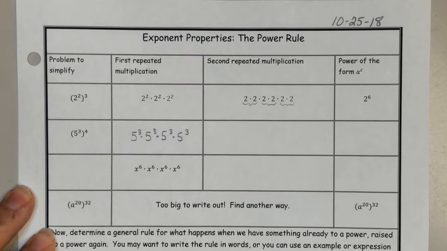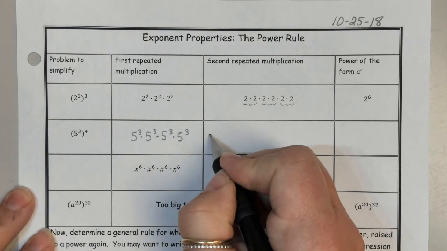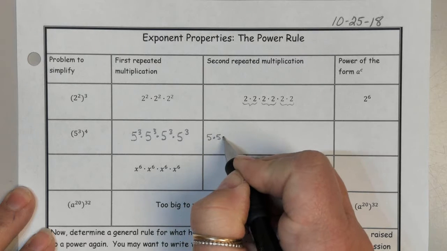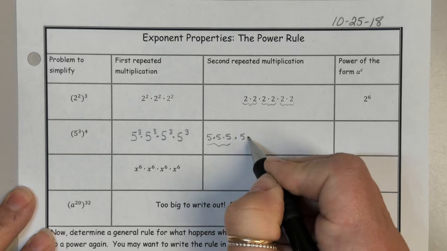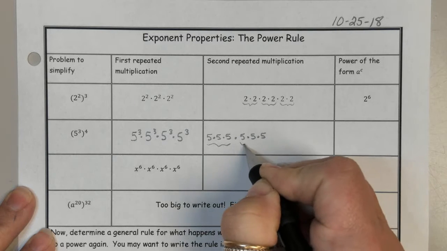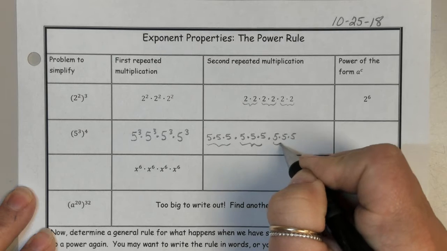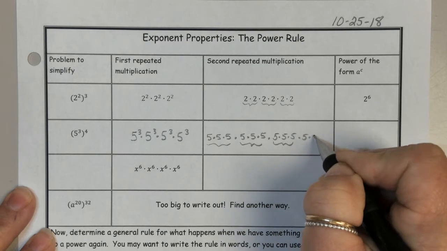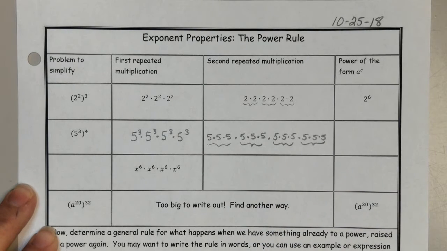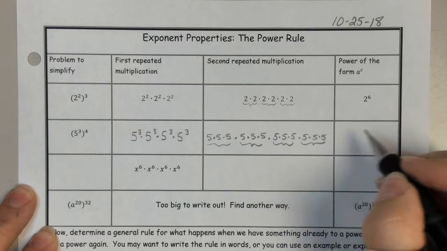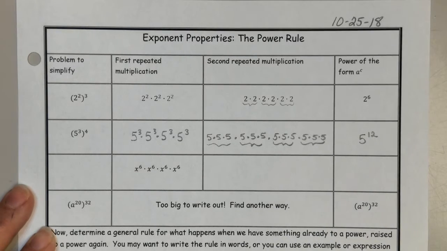Then if we expand each one of those to 5 times 5 times 5, we have 1, there's 2, there's 3, and there's 4. So together, if we count all those 5s, it becomes 5 to the 12th power.